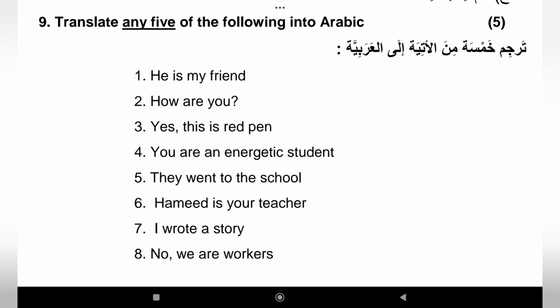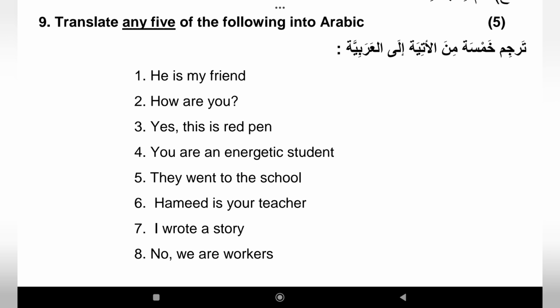You are an energetic student. أنت طالب نشيط. They went to the school. ذهبوا إلى المدرسة. You can also write هم ذهبوا إلى المدرسة. That also can be written.